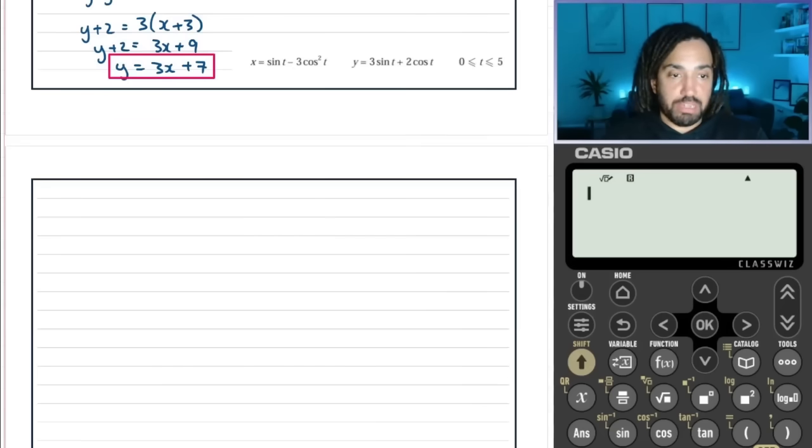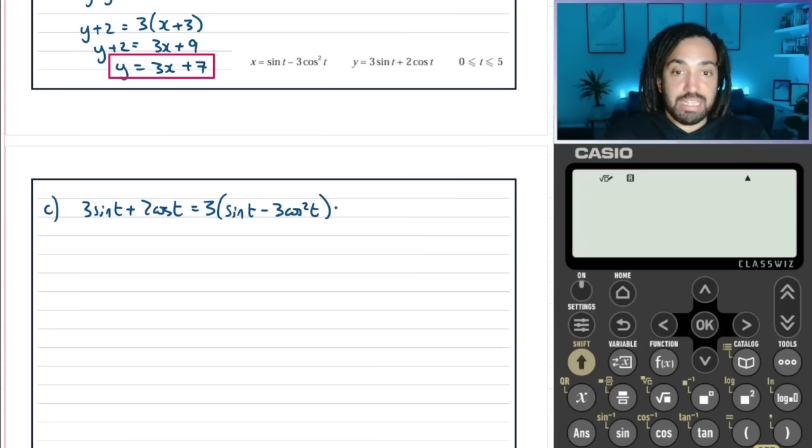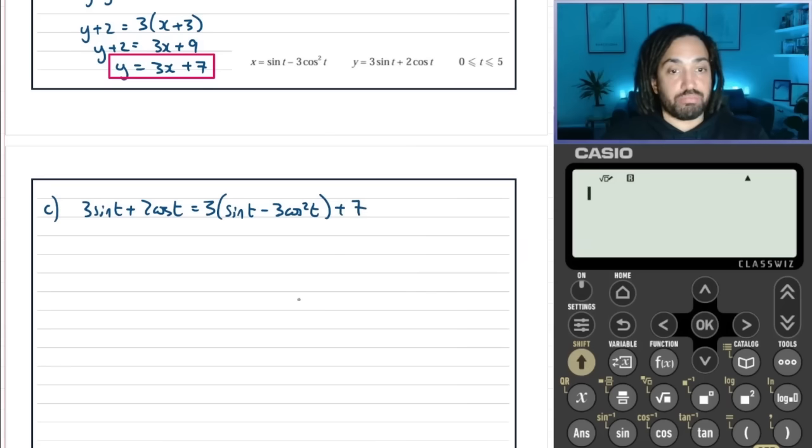Okay, so I've brought the parametric equations down, and we're going to substitute them into the tangent, thus solving them simultaneously. So y is 3 sine t plus 2 cos t, and that's equal to 3 lots of x, which is sine t minus 3 cos squared t, and then plus 7.